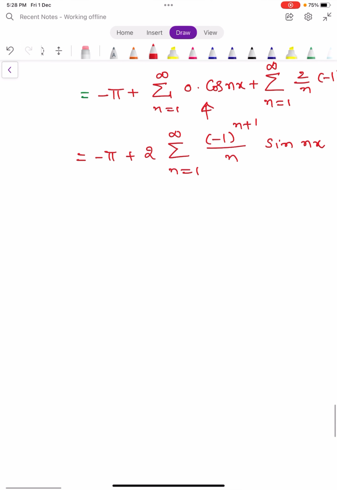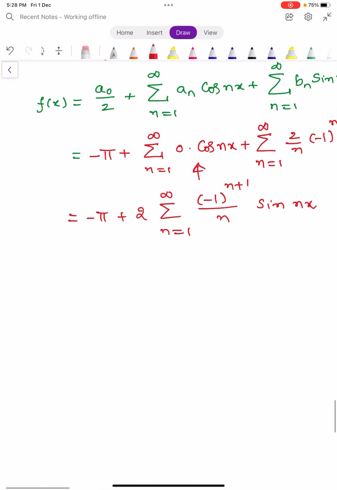So in the left side we have f of x. What is f of x in our problem? x minus pi is equal to this one. So you can write x minus pi is equal to minus pi plus 2 into, if you expand the series, if you put n is equal to 1, we get sin x.